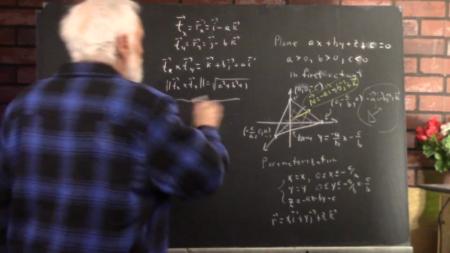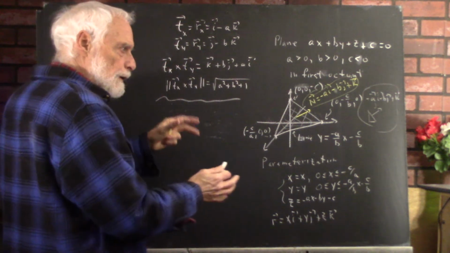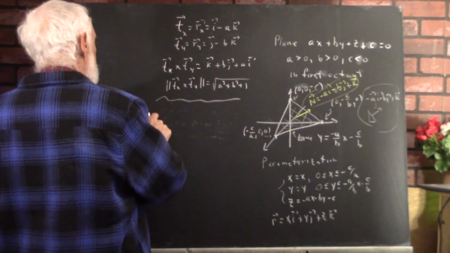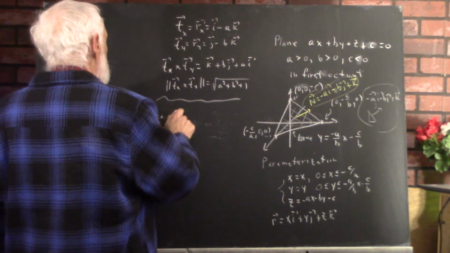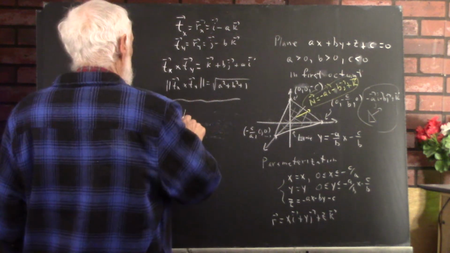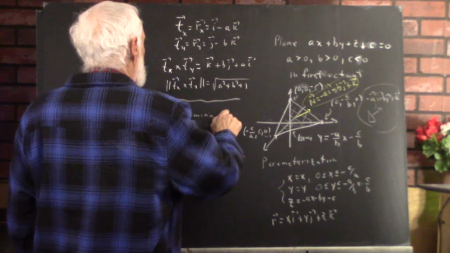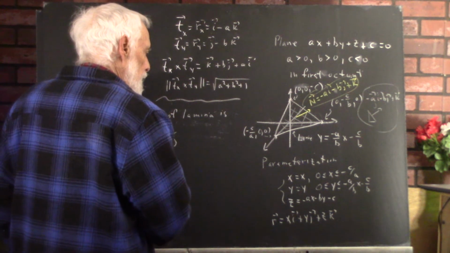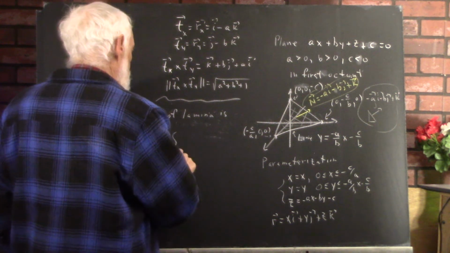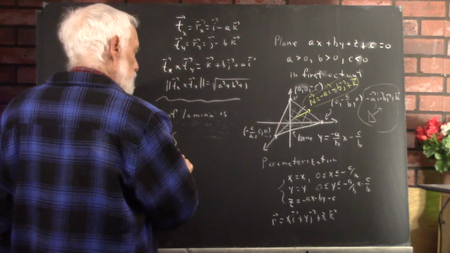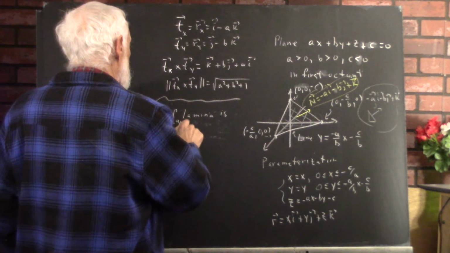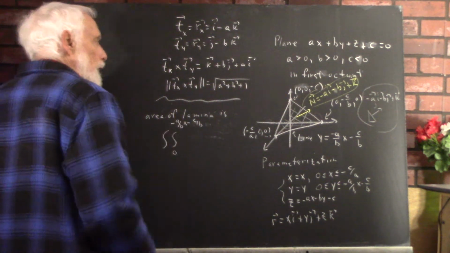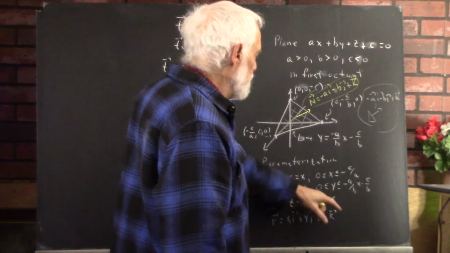Okay, and you can explore that for different values of a and b. What's that make the plane look like? What's that make this multiplier look like? Because now you know that the area of our lamina is then the integral as y goes from 0 to negative a over b x minus c over b. And these are just numbers. If you have numbers here for a, b, and c, just do a little division and you just get numbers here.